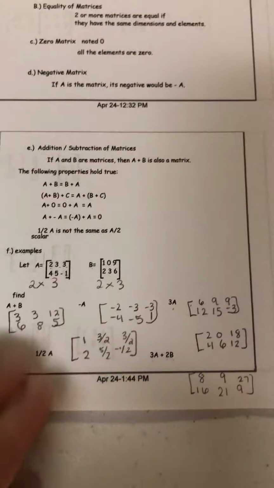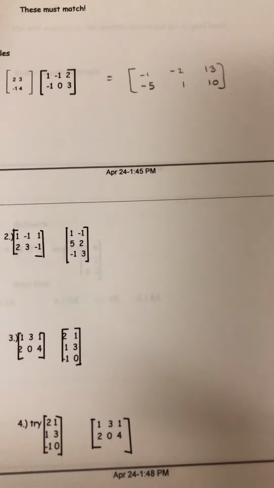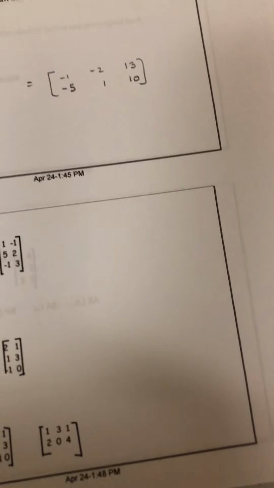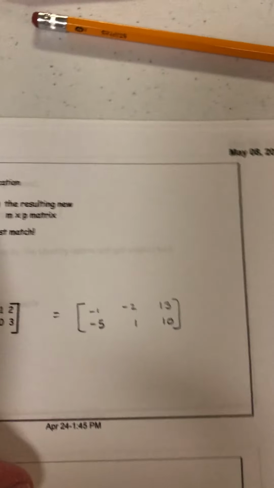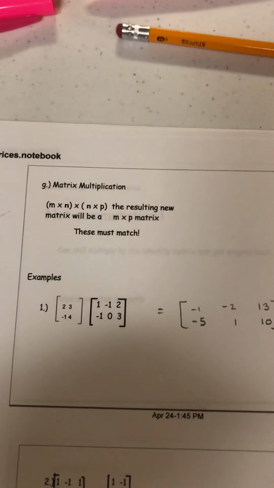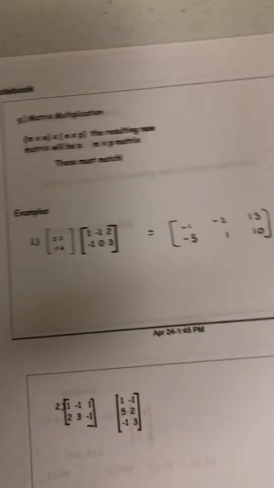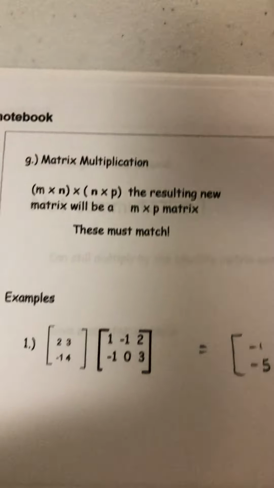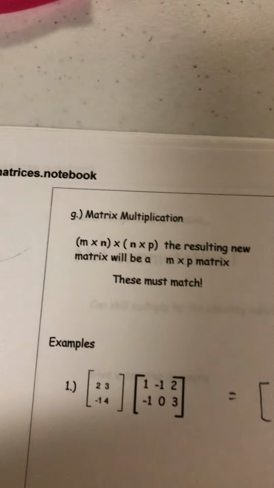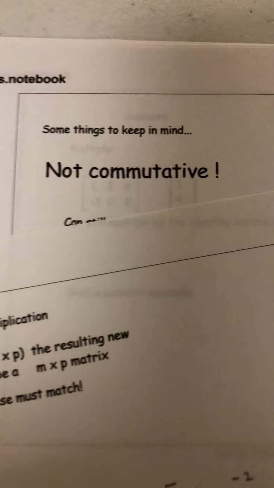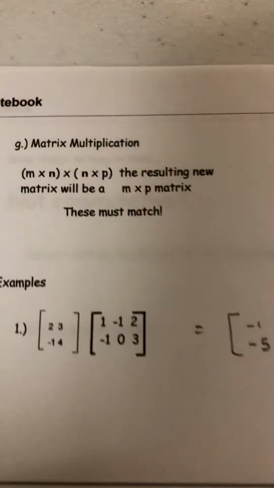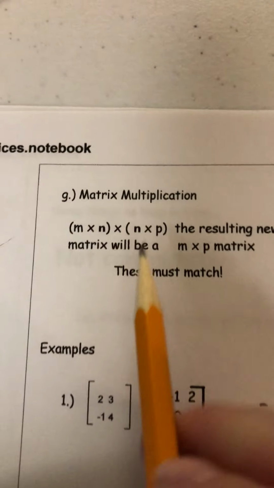All right. So after adding and subtracting, making sure I have the right size matrix to match the other matrix, let's multiply. Now multiplying is a little different, and that's why I want to make sure I have plenty of examples here for you to try and move along accordingly.